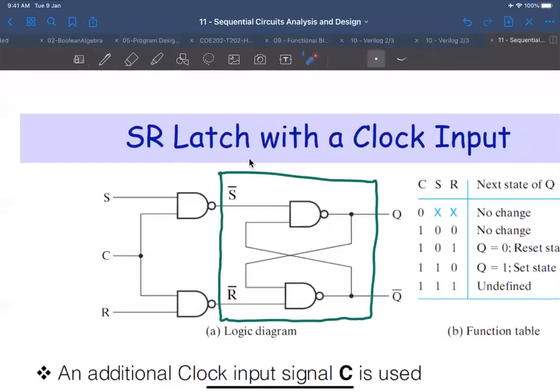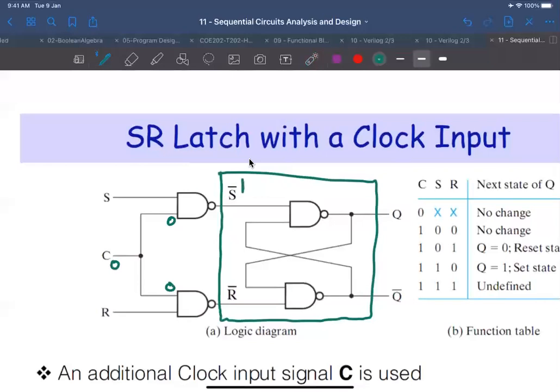Now, let's say that C is 0 here. So I have a 0 here and a 0 here. If you have a 0 at one input of the NAND gate, then the output of the NAND gate will always be 1.